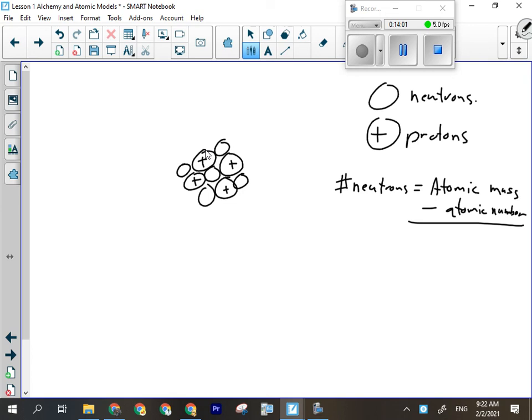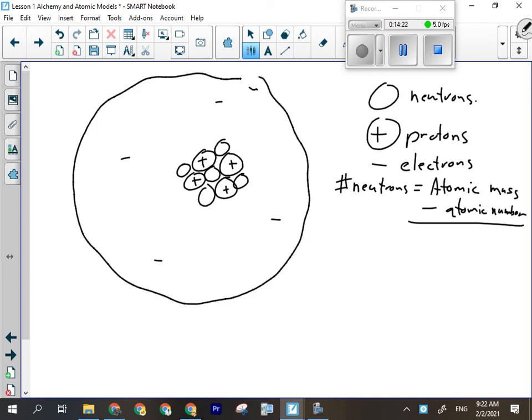Once it becomes an ion, then it can be different, but we're not dealing with that yet. So where do electrons go? Outside, in the cloud. Four electrons in the cloud. Now I've got an atom of beryllium drawn.